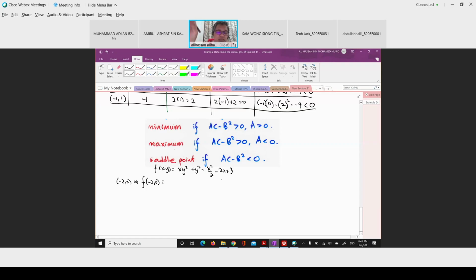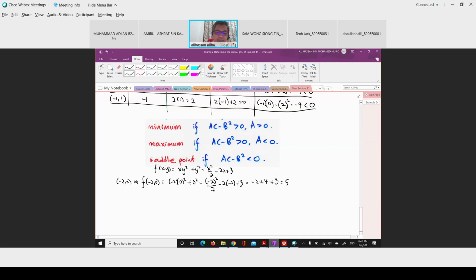On the surface, the points are x, y, z, so that's why I need to calculate the value of f at each critical point. So what is f here? Minus 2 times 0 squared plus 0 squared minus minus 2 squared over 2, so we have minus 4 over 2, minus 2 plus 4 plus 3, which is 5.